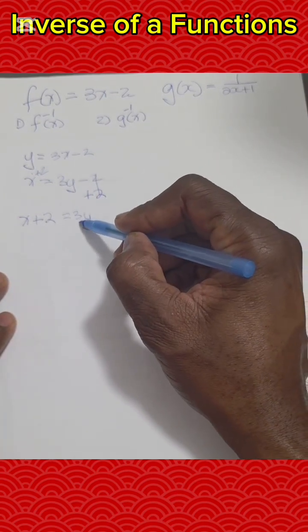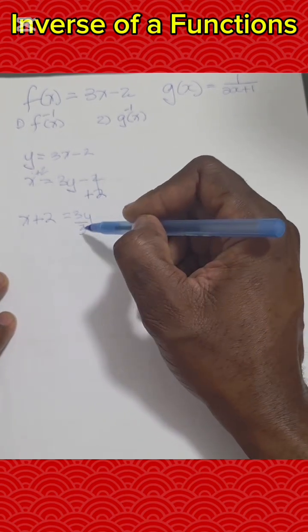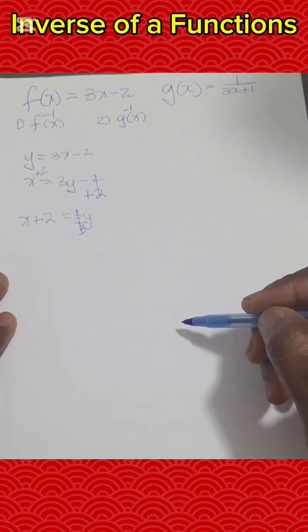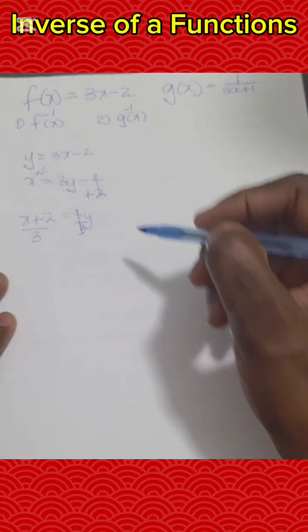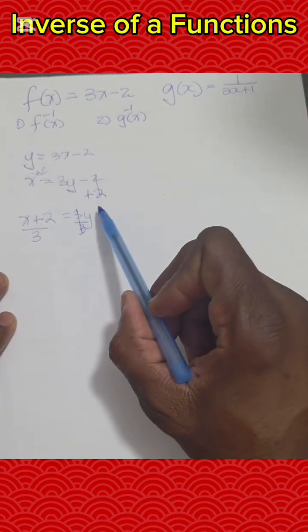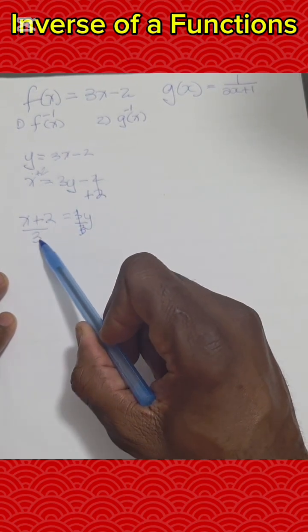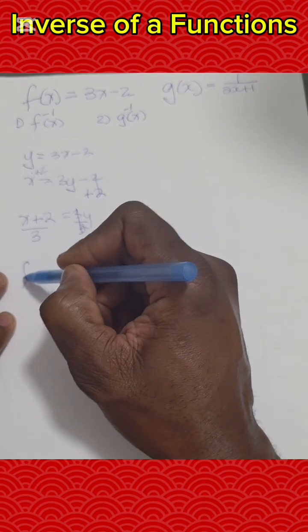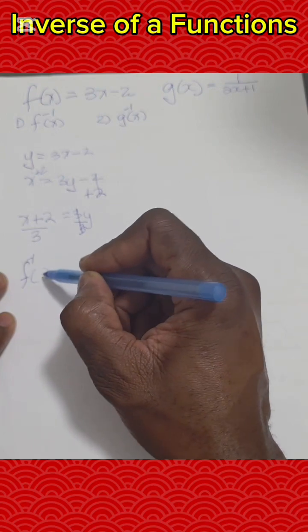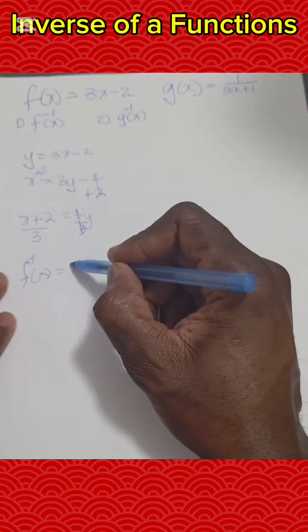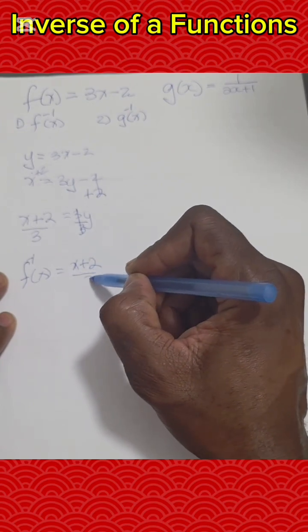So this is 3 times y. We're going to divide by 3, which is the inverse, and balance the equation by dividing by 3. So y is equal to x plus 2 divided by 3, which means that the inverse of f of x is equal to x plus 2 divided by 3.